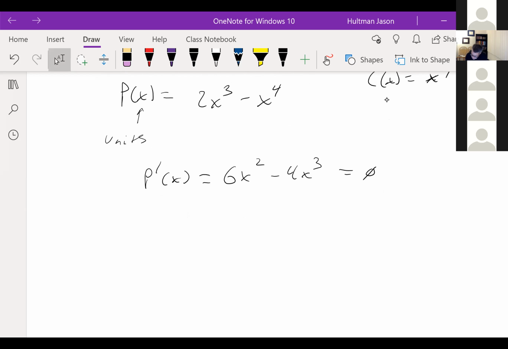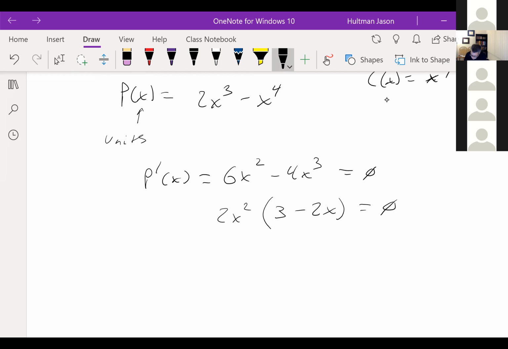So now let's factor out of this a 2x squared. Okay, so we have 2x squared times (3 minus 2x) is equal to 0.